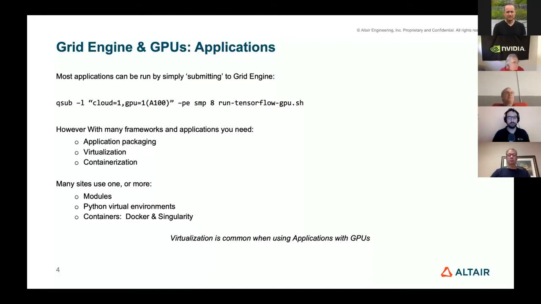You could use modules, which is a well-known way of changing your environment to run these types of applications. You can use Python virtual environments. In fact, lots of these tools do this already. Or you can use containers. We'll talk a little bit more about containers in this presentation, because that is the natural flow of doing it with Grid Engine.